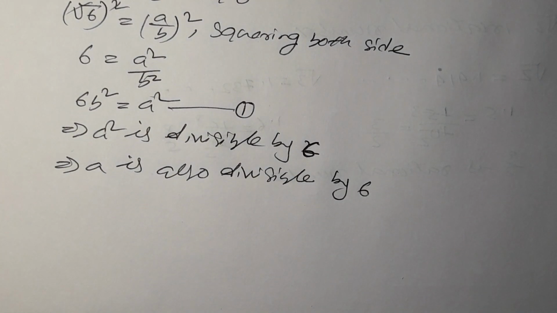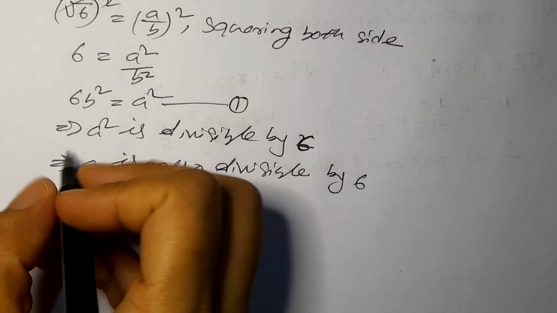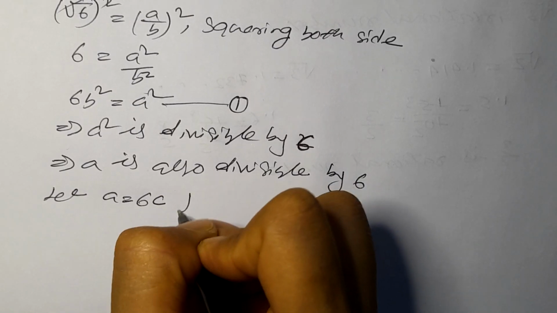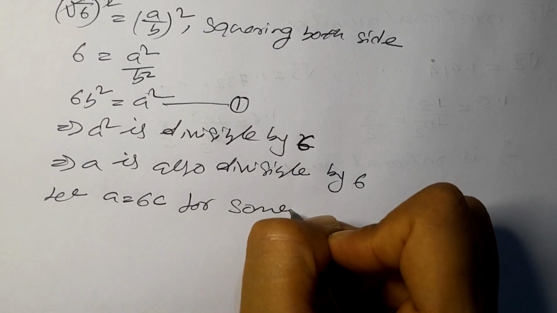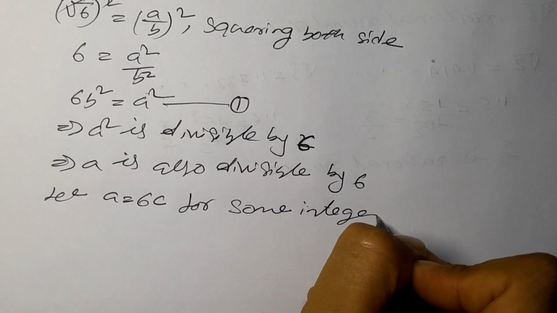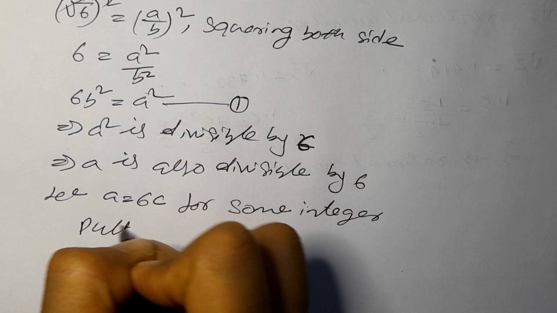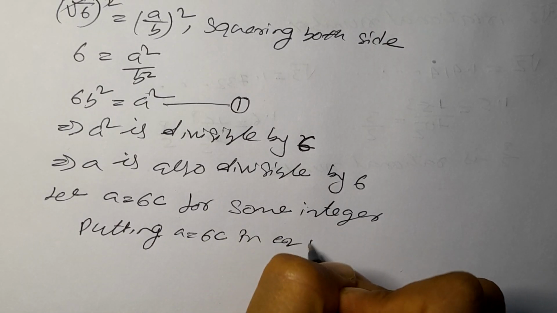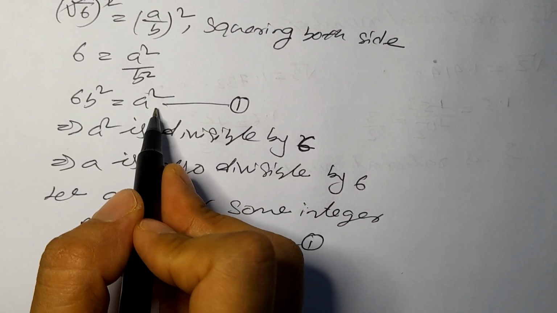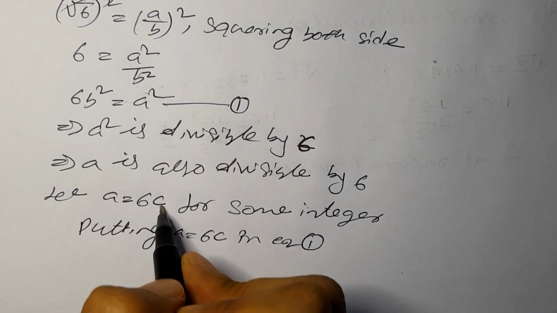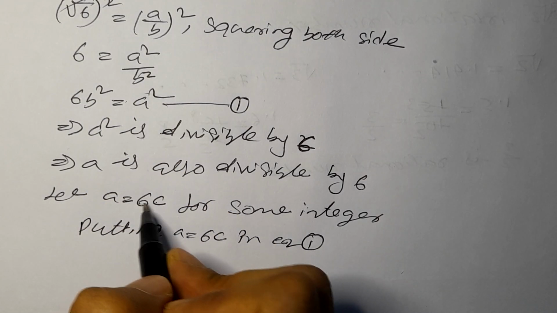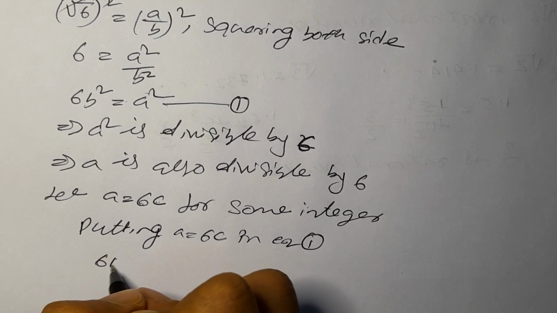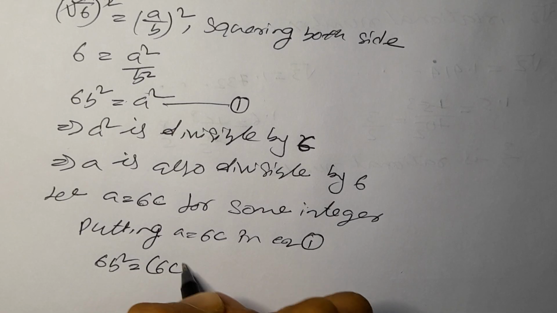So now we got the factor of a, and we are going to find the factor of b. Let a be equal to 6c for some integer. Putting a equal to 6c in equation 1, instead of a we put 6c. Since this has two values, you have to give the bracket: 6b square equals (6c) square.